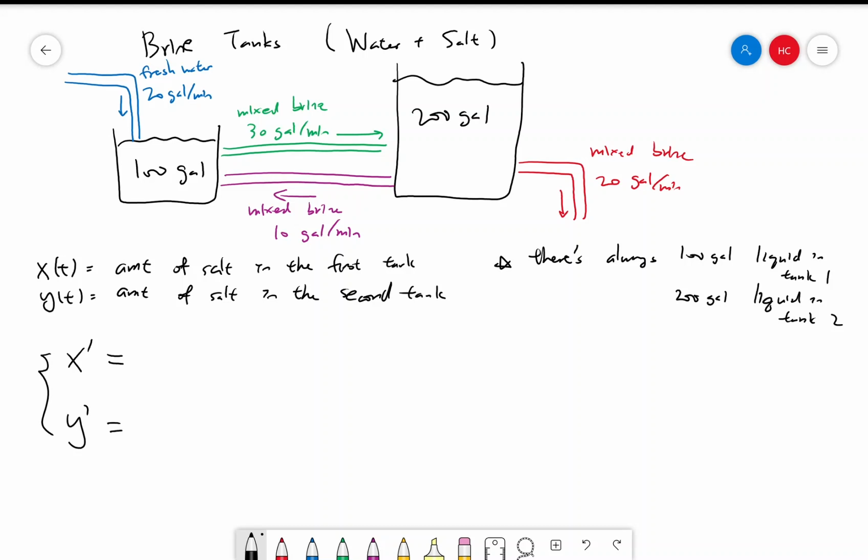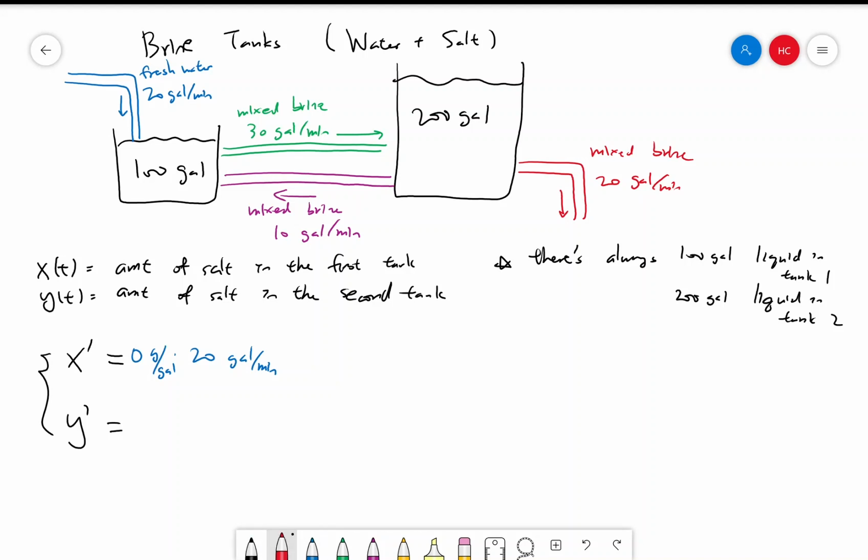x prime is the change of the amount of salt in the first tank. First, fresh water is coming in at the rate of 20 gallons per minute, but it's fresh water, so it doesn't really contribute anything. Technically, it's 0 grams per gallon times 20 gallons per minute.